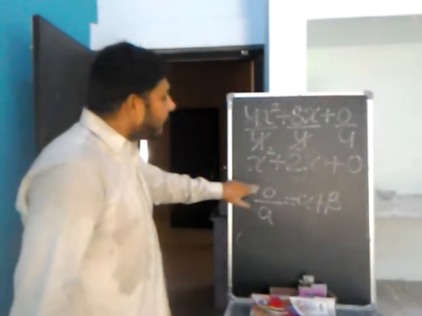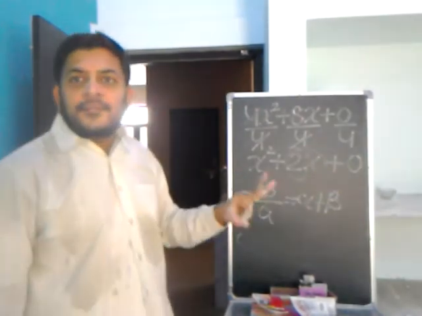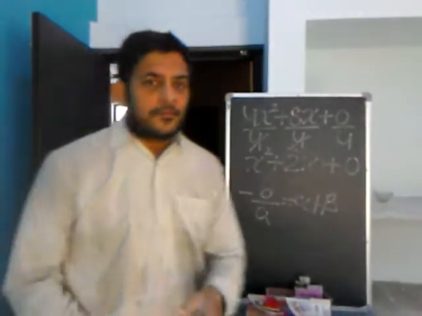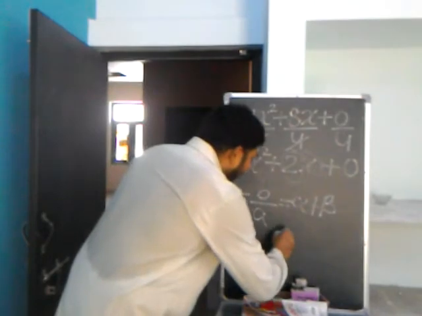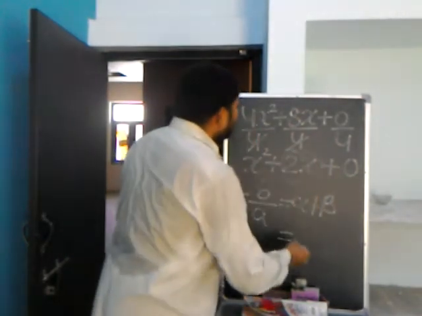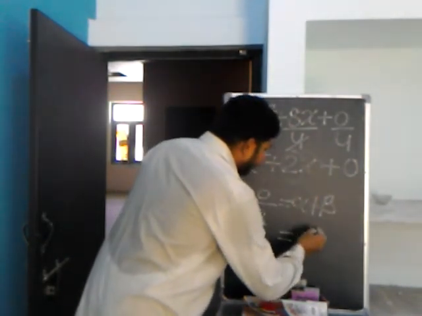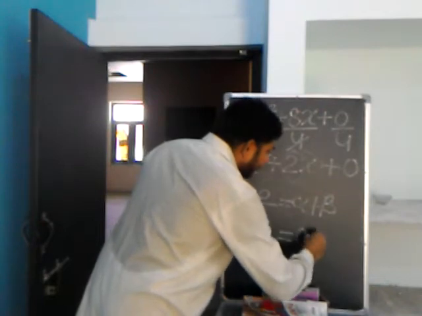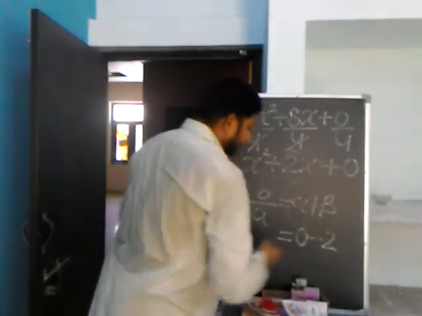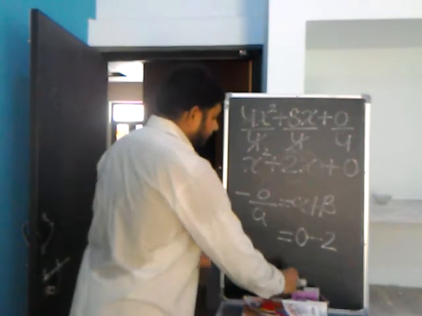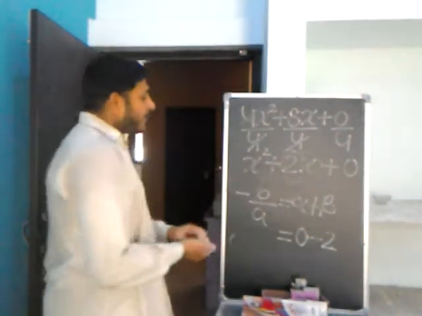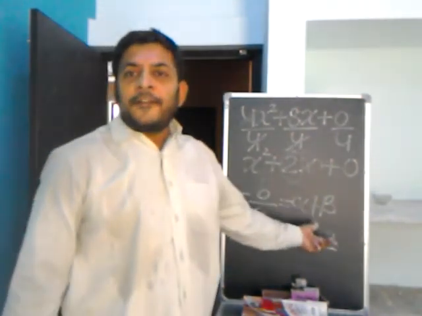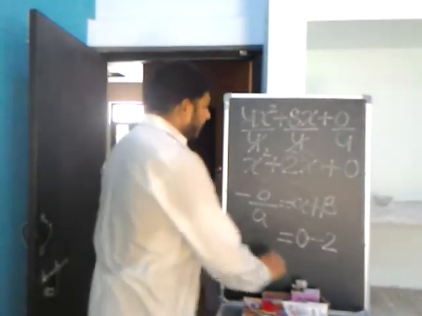Initially this sign will always be minus. Just keep this in your mind. Now alpha is 0 and beta is minus 2. I placed the values of alpha and beta.